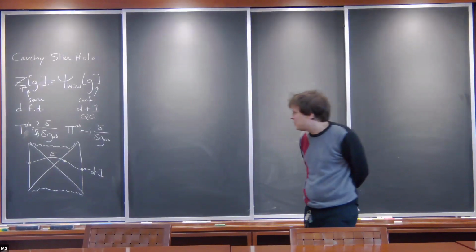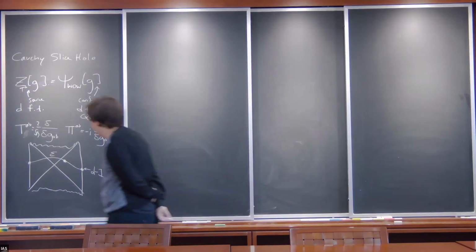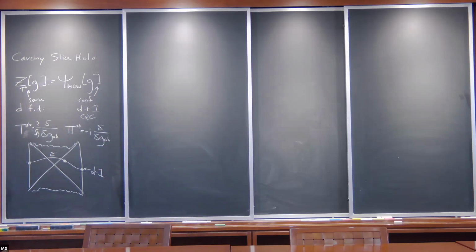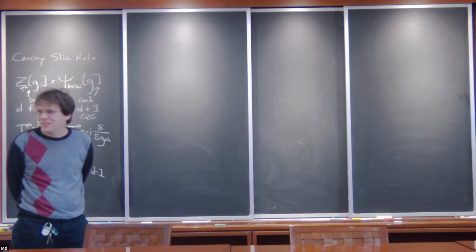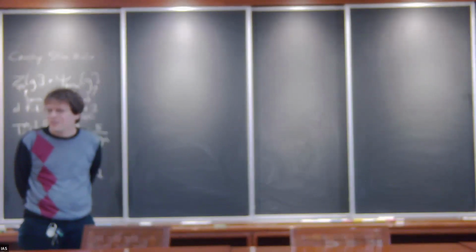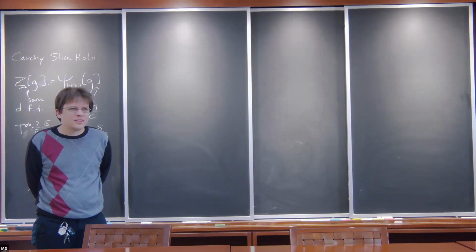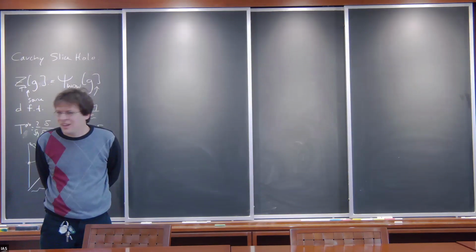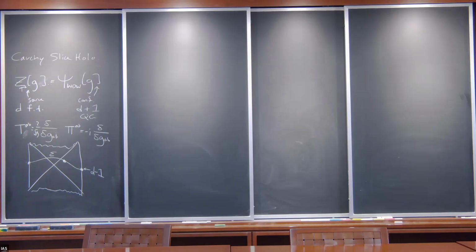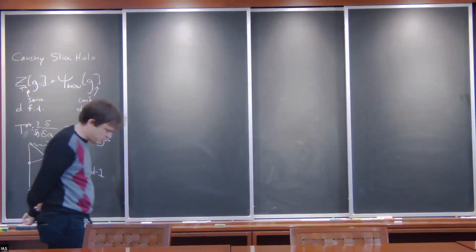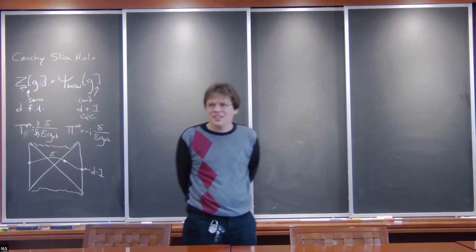Actually, this is something that worries me a little bit about this story, because if you put something like, for example, N=4 super Yang-Mills on a compact, negatively curved space-time, then because the scalar fields are conformally coupled, it looks like a tachyon field.